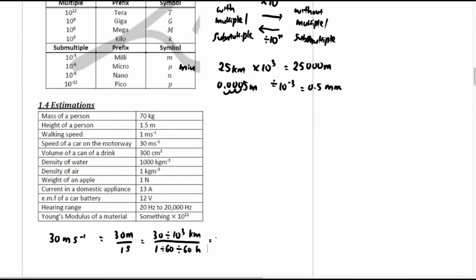After that, we just press the calculator, and then you will get the units in km per hour, which may be more reasonable for us. For this case, we will get 108 km per hour.